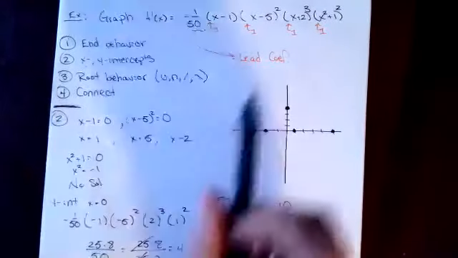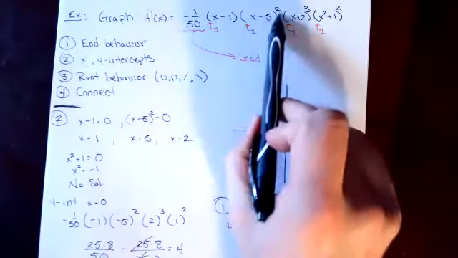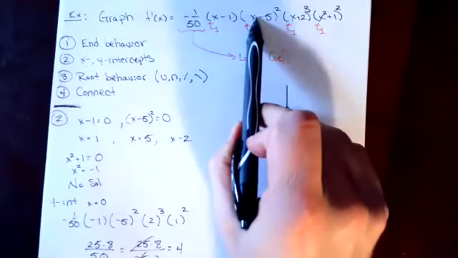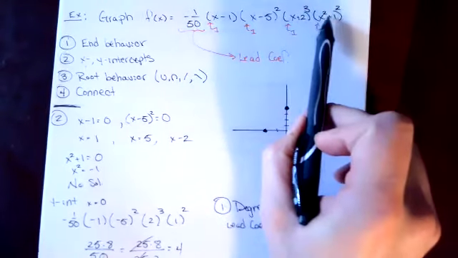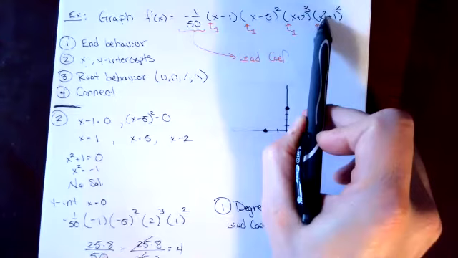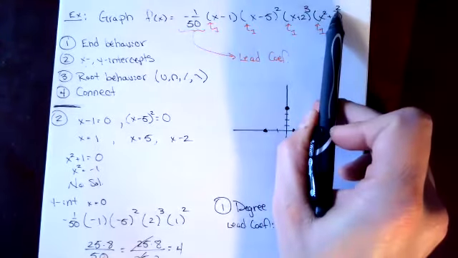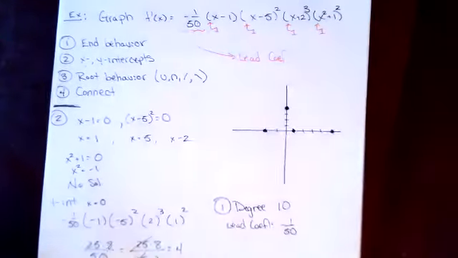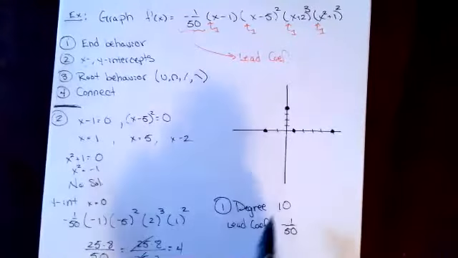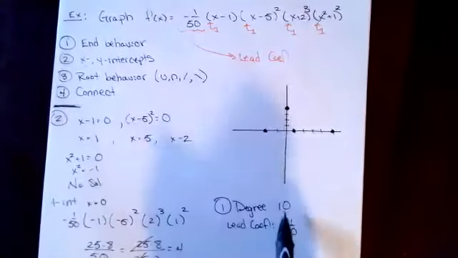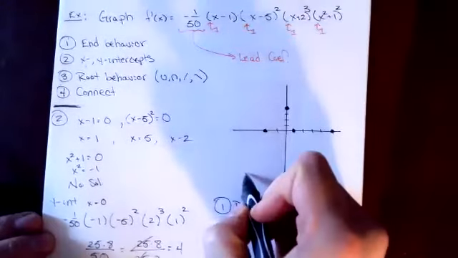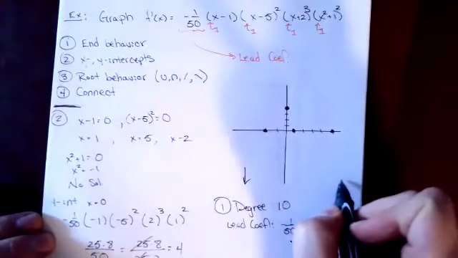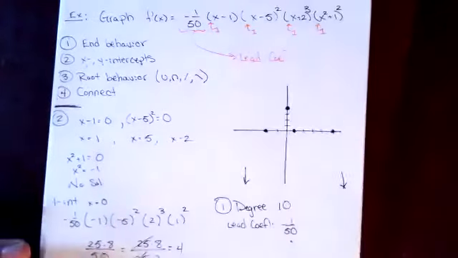So degree, you have to just remember to count the powers of x. So 1 plus 2 more powers of x plus 3 more powers of x plus 4 more powers of x from that guy. Gives us a total of 10 powers of x, or an x to the 10th gave us that degree. So it's an even degree, negative lead coefficient, meaning our end behavior is going to be both downward.